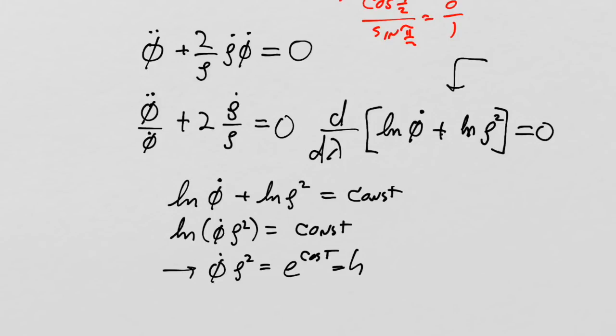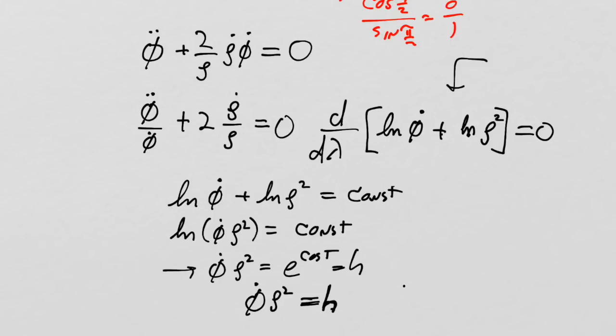That's what I meant. But the bottom line is the rule that this differential equation gives us is this: phi dot rho squared is this constant h. It's not Planck's constant, which I don't even know how I would write.